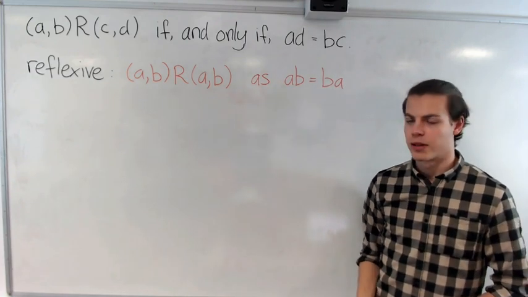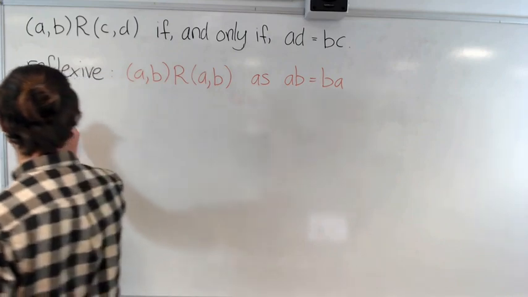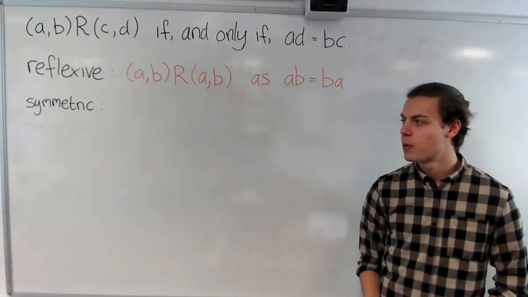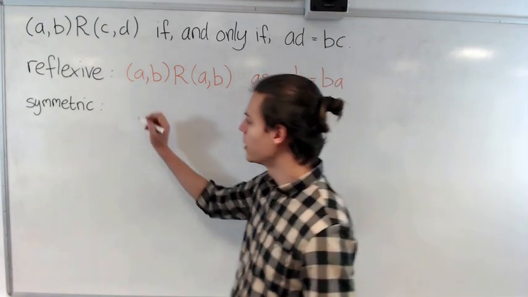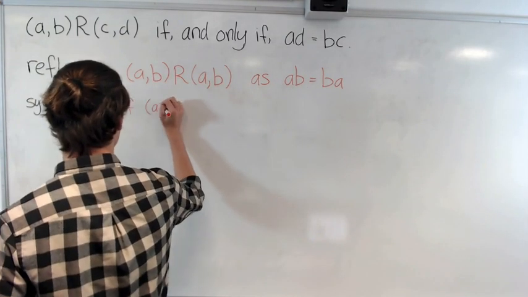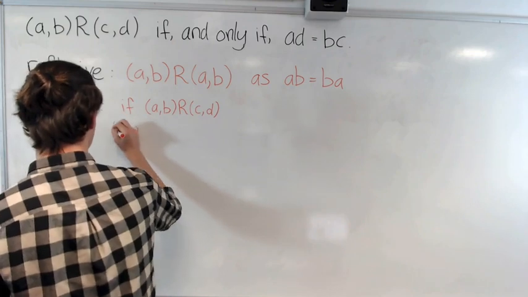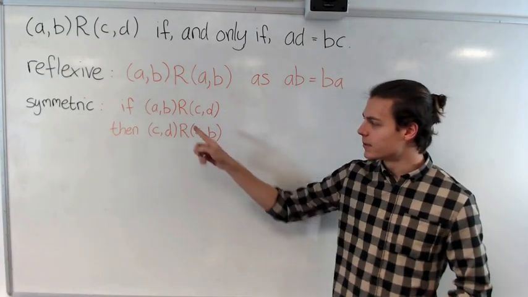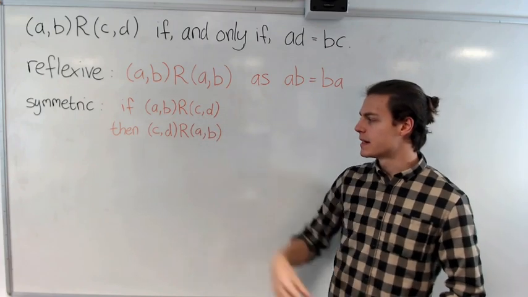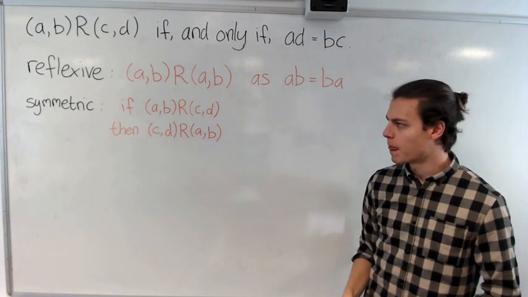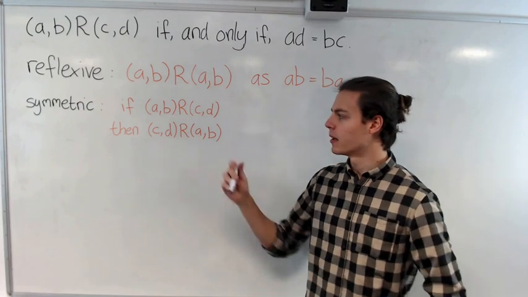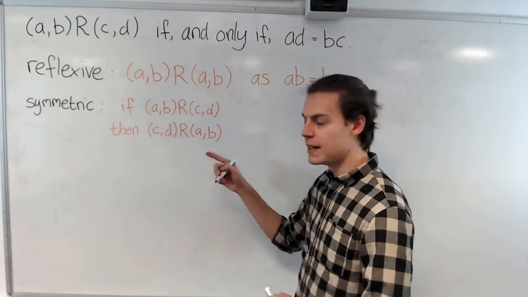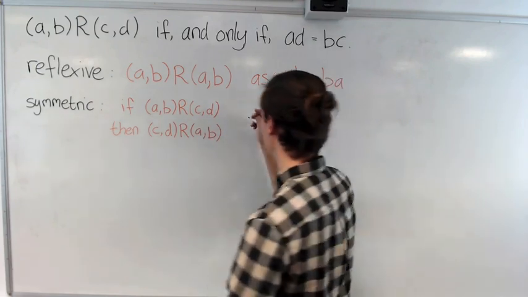Now let's check the symmetric property. So we need to check whether this statement is true. If AB is related to CD, then CD is related to AB. But what do these mean? Well, if AB is related to CD, this means that AD equals BC.